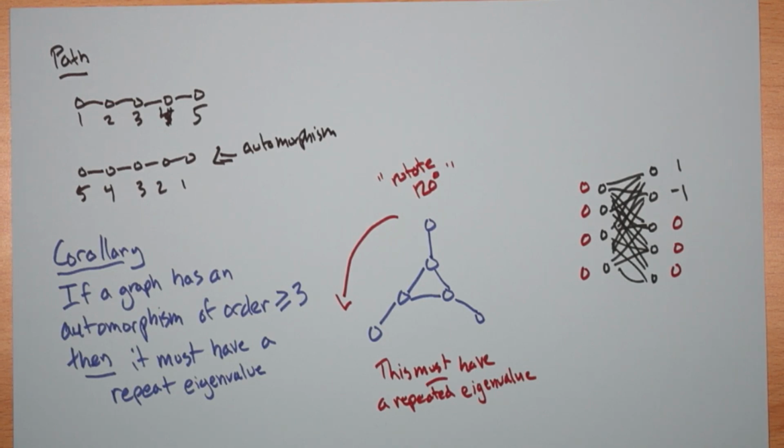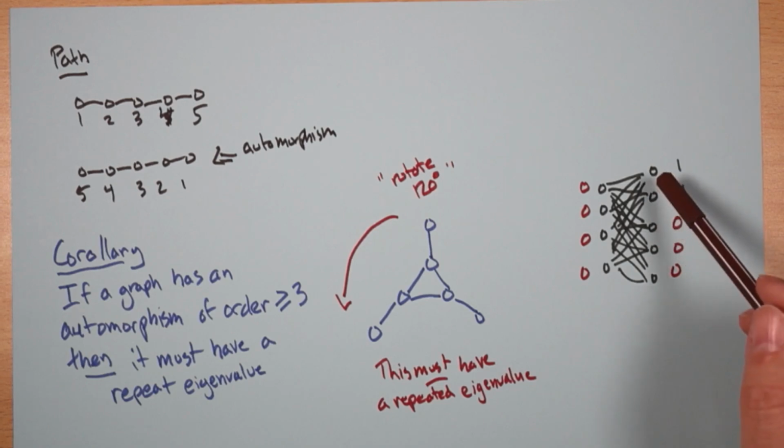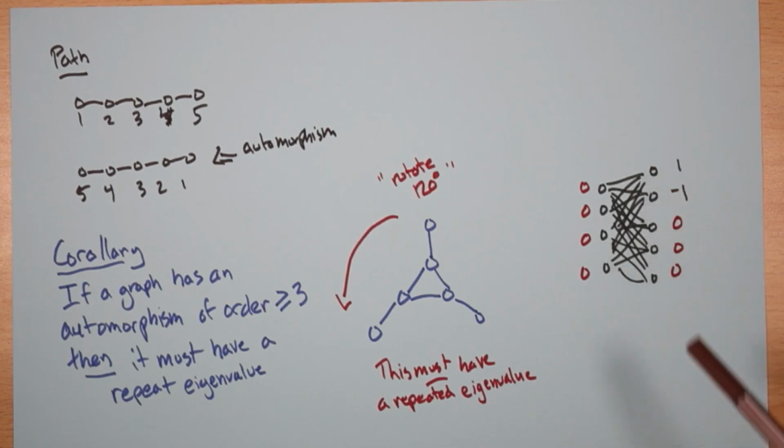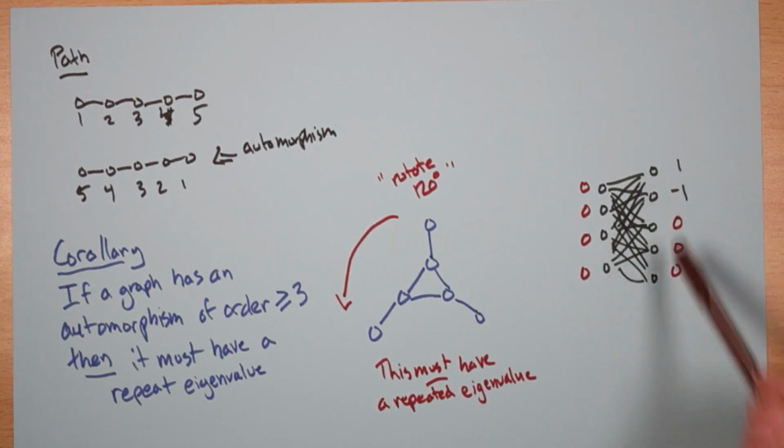So what I can do, applying an automorphism where I'm relabeling over here, is let any vertex be a +1 and any other vertex be a -1, and I have an eigenvector. In this way I can make more eigenvectors. That's just something to perhaps be on the lookout for.